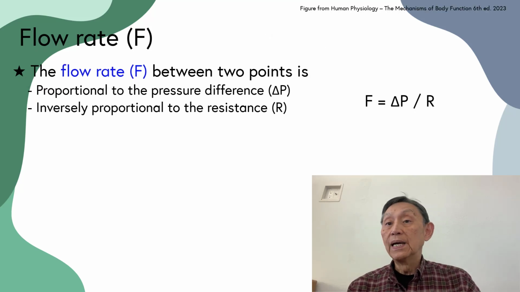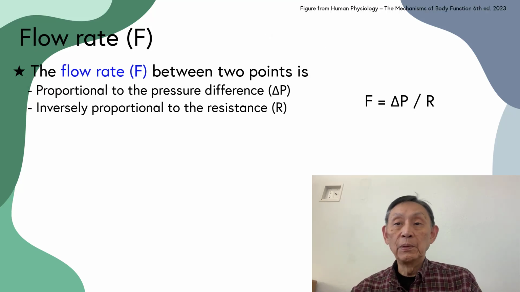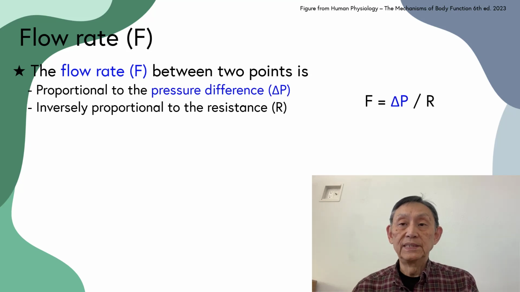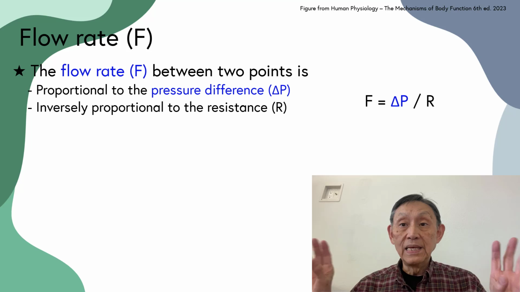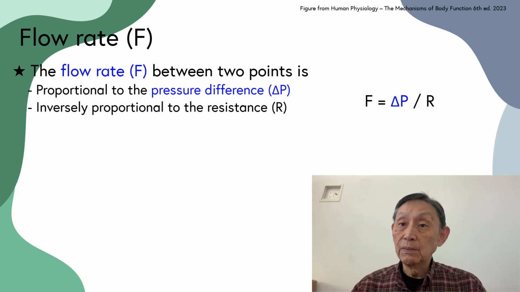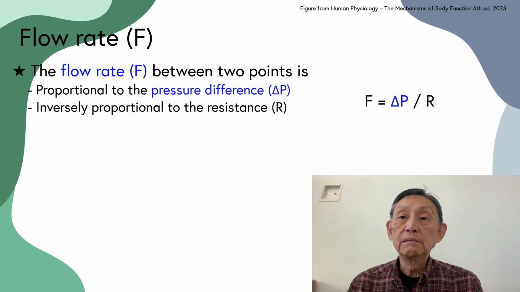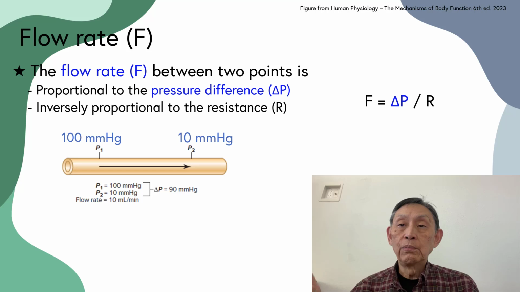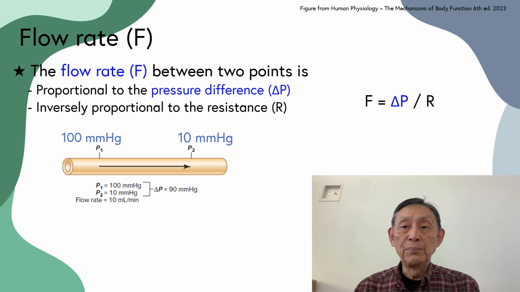The flow of blood from point A to point B is determined by the pressure difference, not by the absolute number of the pressure, but by the difference between the 2 points. For example, no matter what the original pressure values of P1 and P2, in this case 200 and 110, the difference is 90 millimeters of mercury, the unit of pressure.